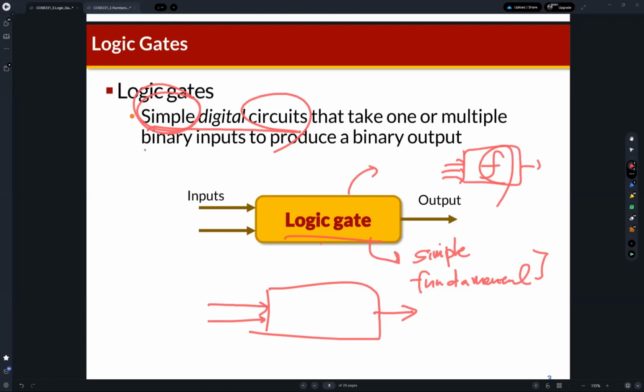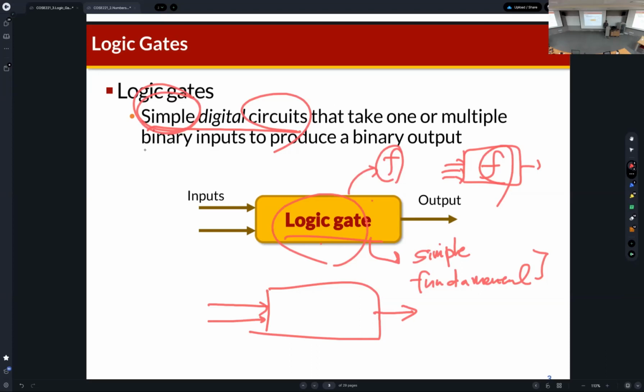So actually, this figure is very similar to this figure, right? You can think that the logic gate is just a black box, and this black box receives several inputs, 1, 2, or 3, even 4, and then generates output. Then we can define the function of this black box. Okay, we can understand a simple logic gate like this.